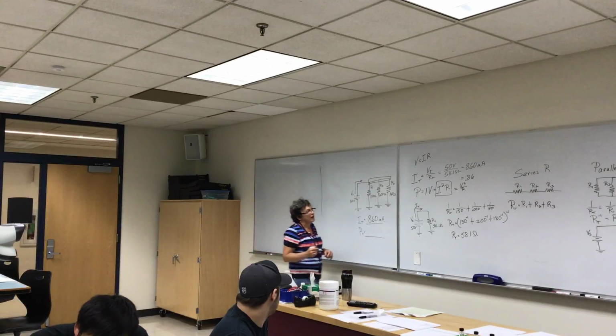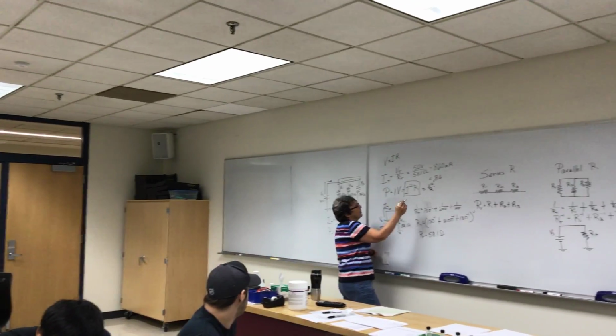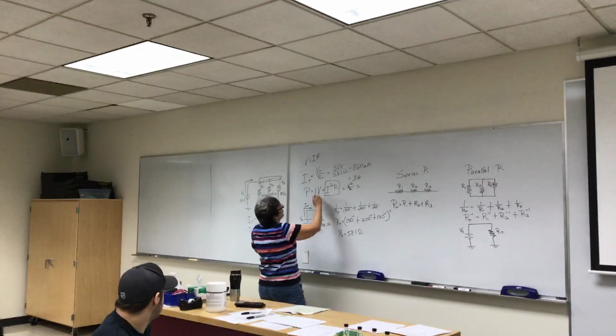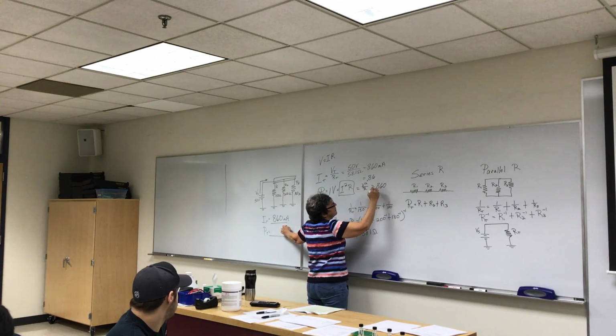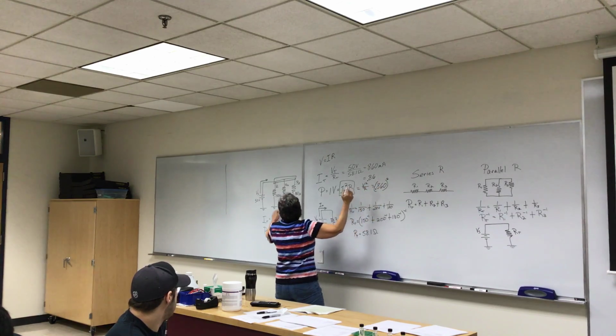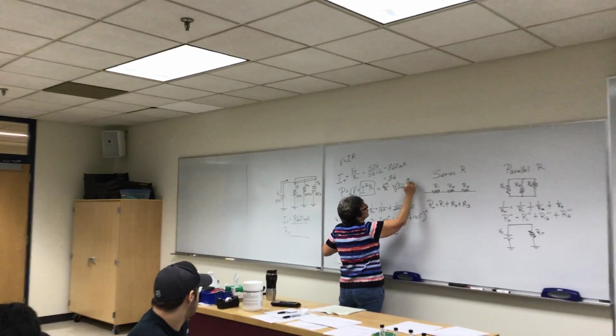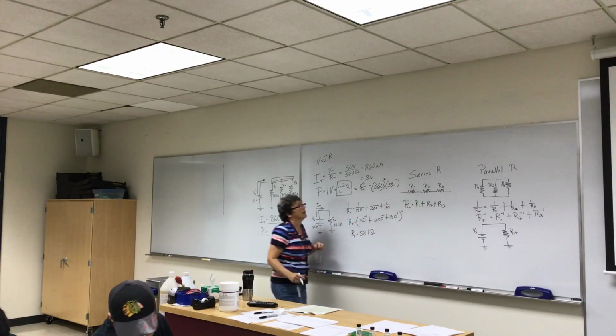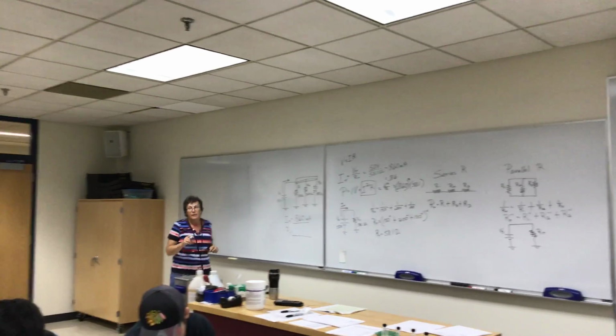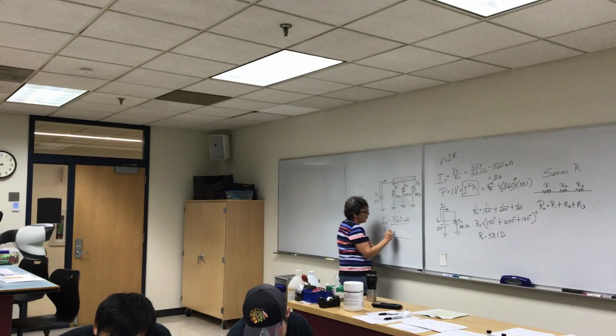Okay, power total. Let's plug these numbers in. Let's use I squared R: 0.86, make sure you're in amps, squared, times our R total, 58.1. What do we get? 43.1 watts.